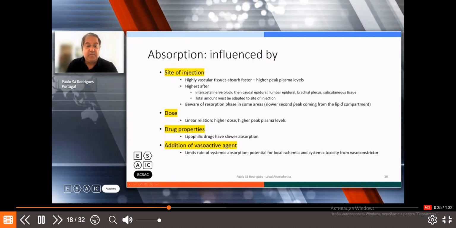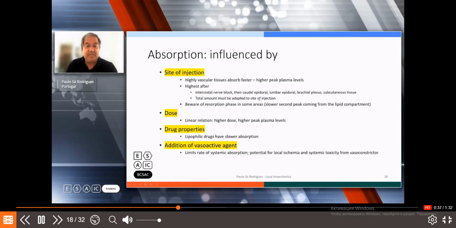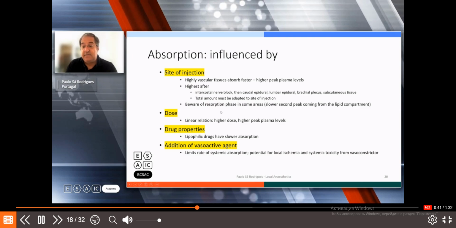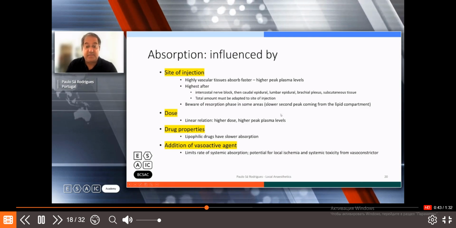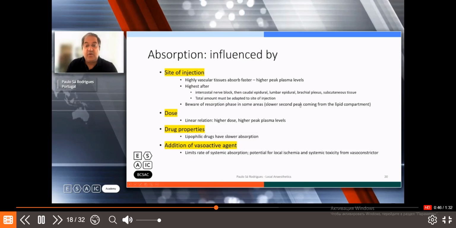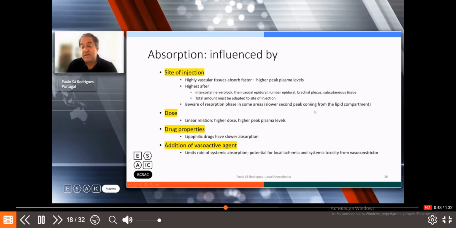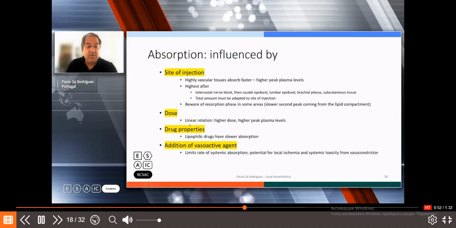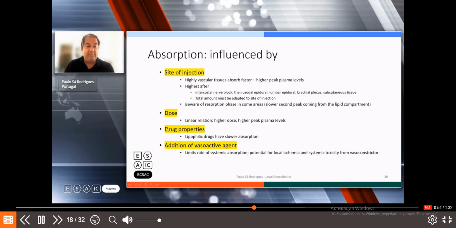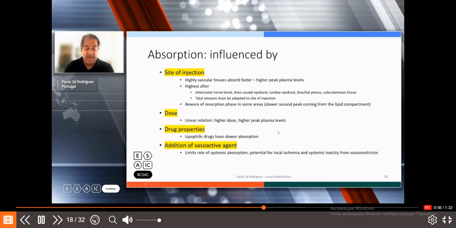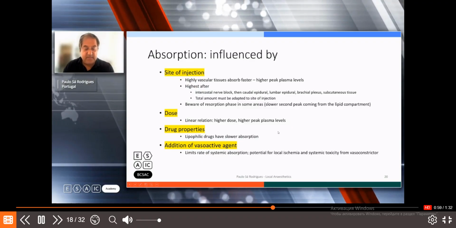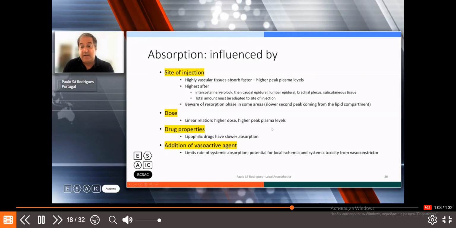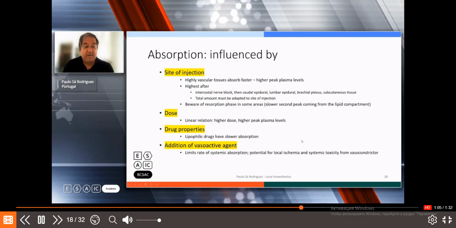So the total amount injected must be adapted to the site, and we have to be aware of the resorption phase in some areas. Sometimes there is a slower second peak of local anesthetic coming from the lipid compartment. Regarding the dose, there is a linear relation between the amount of local anesthetic injected and the peak plasma level, so the higher the dose, the higher the peak plasma level.